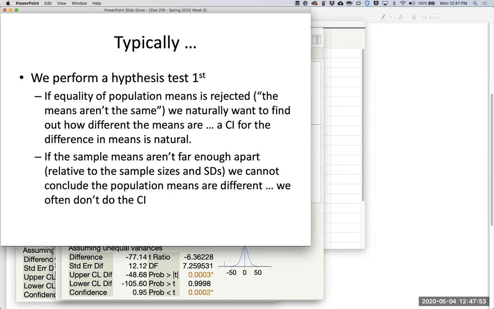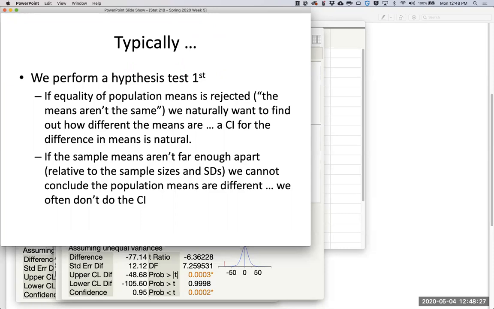So here's the way we're going to round out the rest of chapter 7. Conceptually, I like to perform a hypothesis test first. Most people who are statisticians or researchers naturally find it easy to tackle the question, is there a difference between the means? And then if they do find that there is a difference between the means, they'll use a confidence interval to find out how much different the means are from each other with a margin of error.